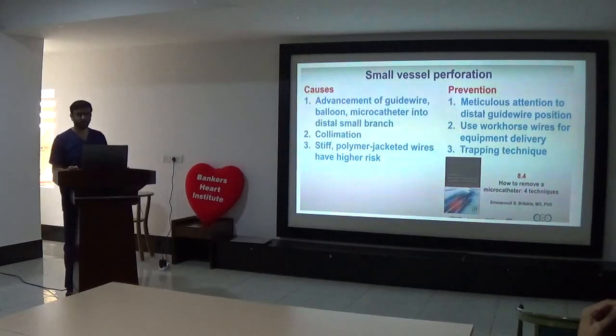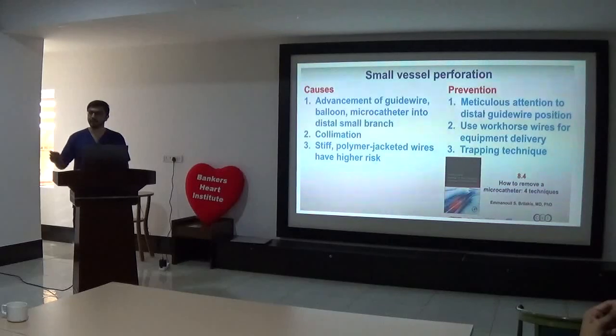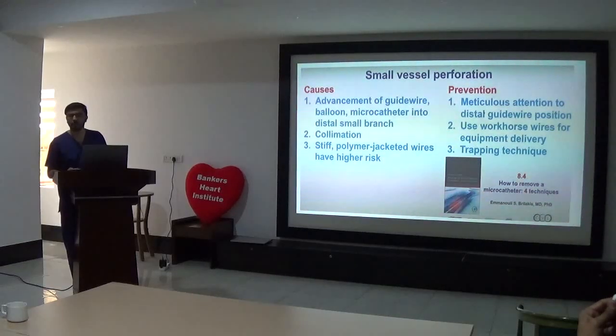The majority of the time we focus on the lesion, where we have to put a stent or push and dilate. We don't see the wire distally, where it actually lies. So we have to keep monitoring where the wire is, because many times these hard wires or polymer coating wires lead to perforation at the distal side. So for prevention, we must pay meticulous attention to the distal guide wire position.